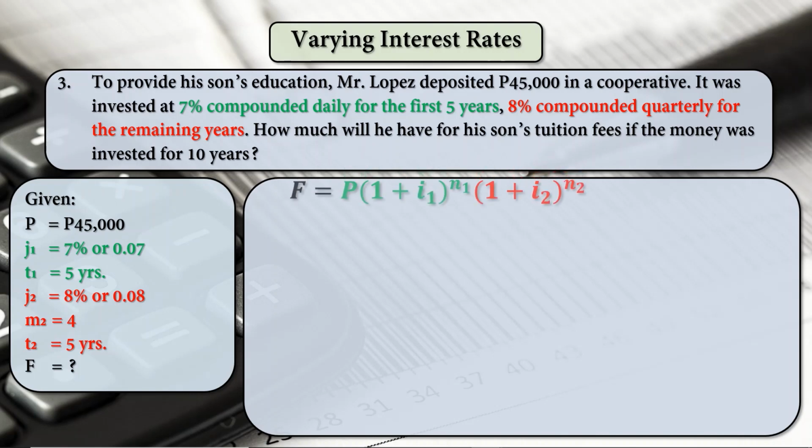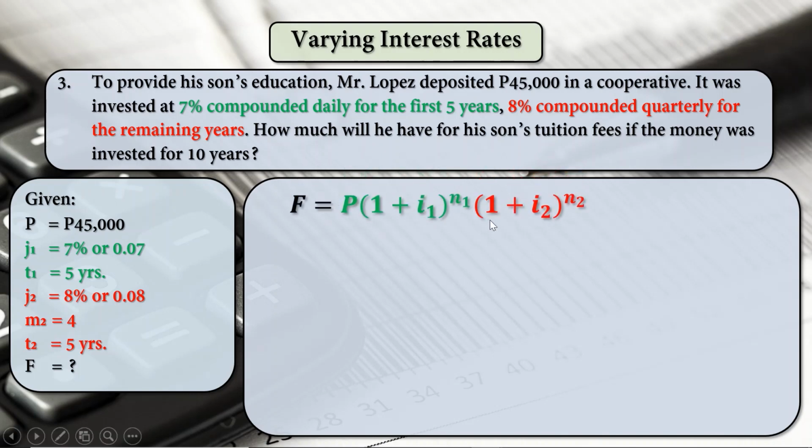So by that, since dalawang interest rate lang meron tayo, that is P times 1 plus I1 raised to N1 times 1 plus I2 raised to N2. And take note, hindi natin magagamit itong 1 plus I1 raised to N1 kasi compounded daily nga siya.